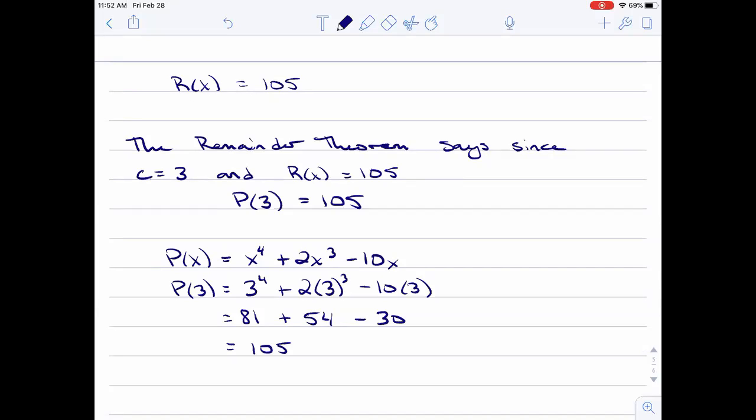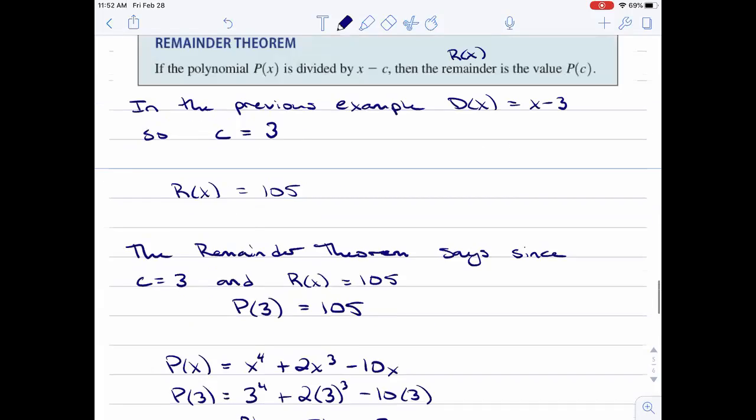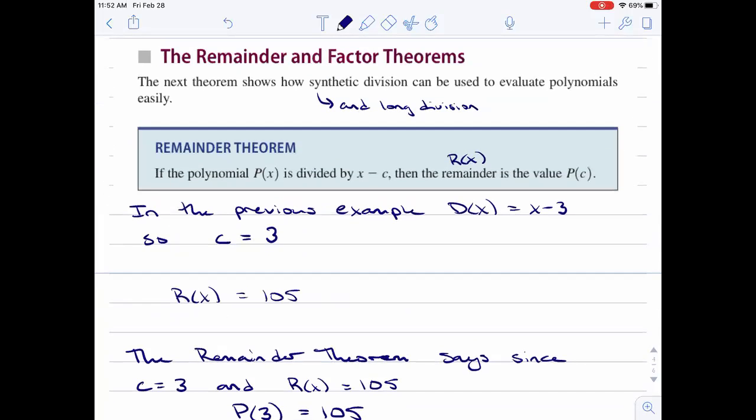So the remainder theorem says that as long as you're dividing by something that looks like x minus c, right? So it has to be in the form of x minus c. So even if you're doing x plus 2, for example, your c would be minus 2. But it can only handle x minus c.